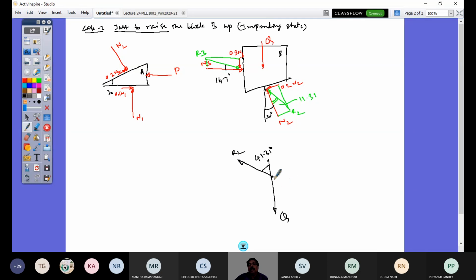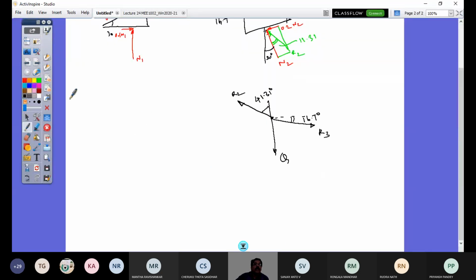And R3, this is horizontal, I would have R3 where this angle is 16.7 degrees, right? So now it's very interesting that I can have this included angle 90 plus 41.31, and here it's 16.7.